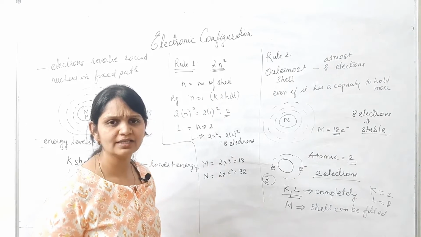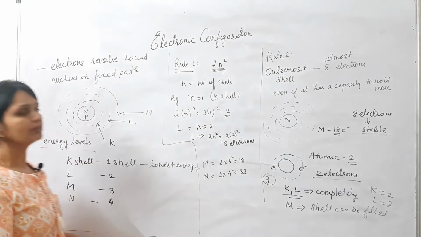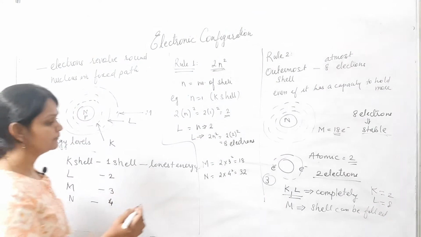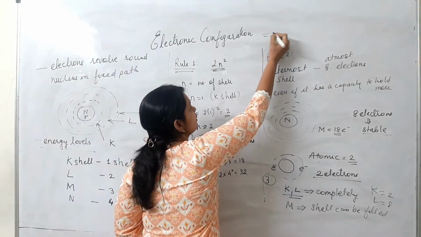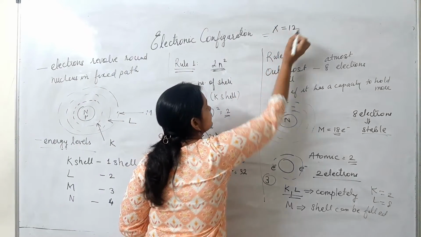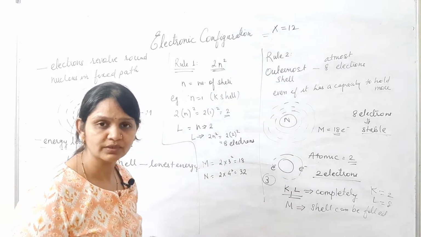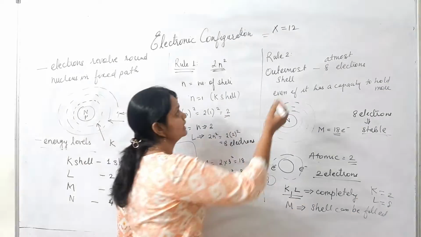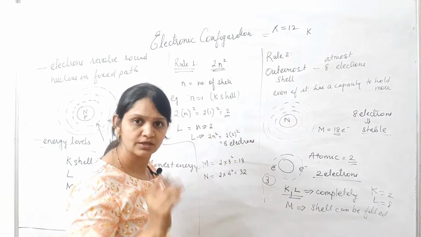Now let us find the electronic configuration of an element whose atomic number is 12. Suppose the atomic number of an atom X is 12. So what will be its electronic configuration? We know that the first shell, that is the K shell, can hold 2 electrons.